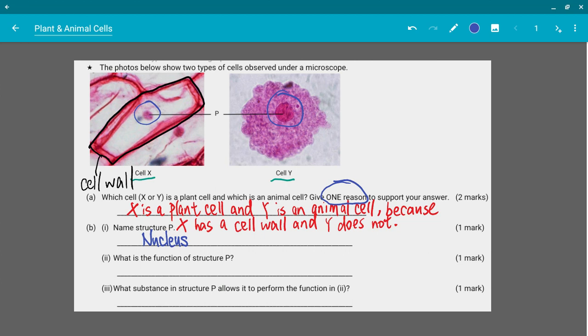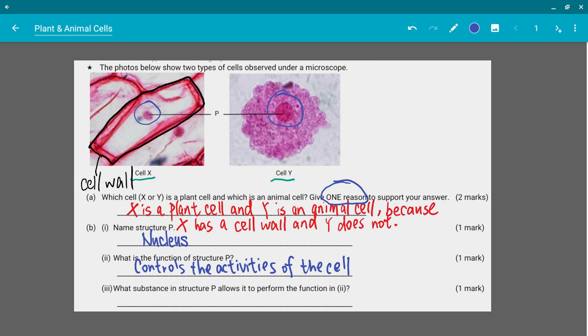It controls the activities of the cell. Okay, make sure you go back to the previous video if you have forgotten.